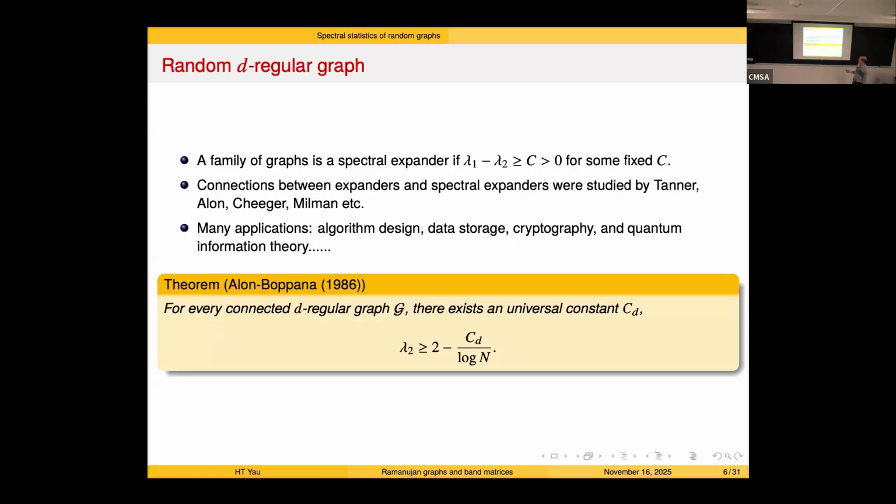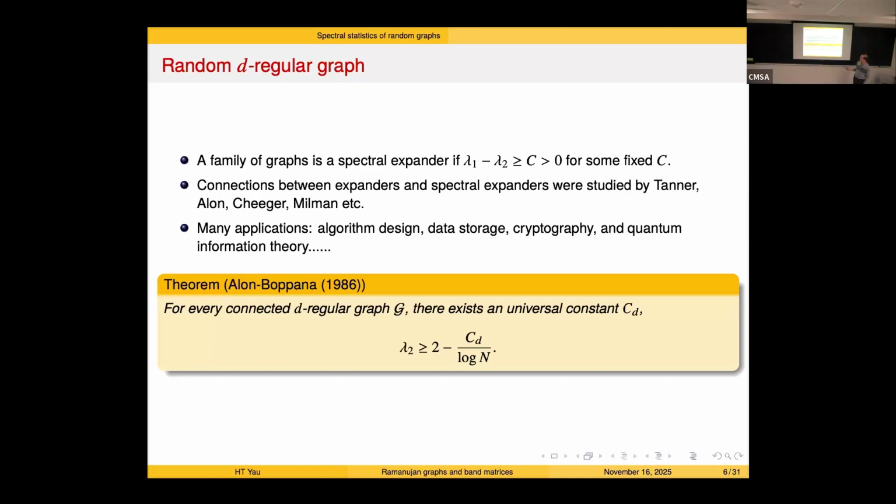There is a lot of work I'm not going to review, and especially the Alon and Cheeger constant are also connected to the spectral expander. The spectral expander is quite a popular tool in computer science. Actually, people in computer science wrote a whole book about expanders. Now the question is whether random d-regular graphs are expanders, and how to construct expanders.